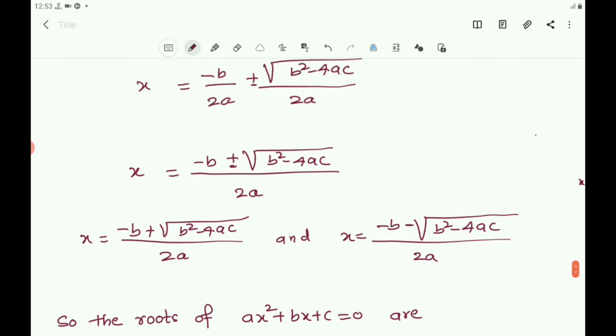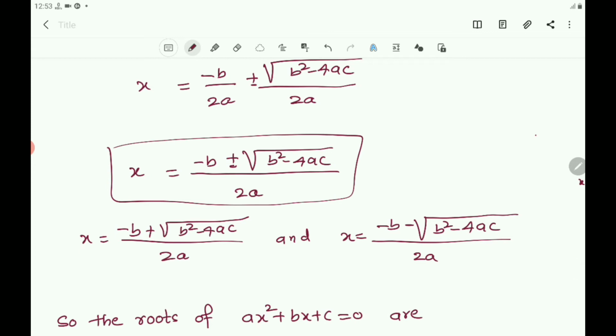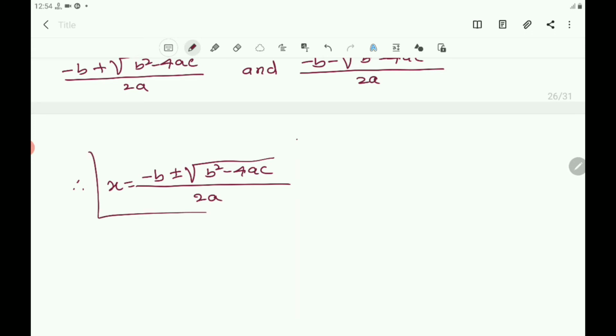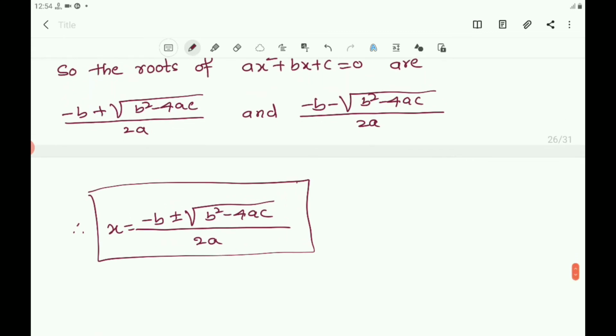This formula is called the quadratic formula. Therefore you write: x = (−b ± √(b² − 4ac)) / 2a is called the quadratic formula, to find the roots of the quadratic equation ax² + bx + c = 0, and the two roots are (−b + √(b² − 4ac)) / 2a and (−b − √(b² − 4ac)) / 2a.